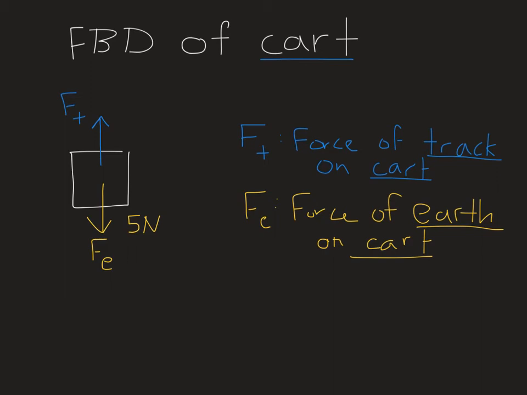Like we said, now we've got a force of the fan. And what direction does it push? We said the fan pushes to the left, so we should draw an arrow to the left and then label it. We'll call it FF for force of fan and add it to our list.